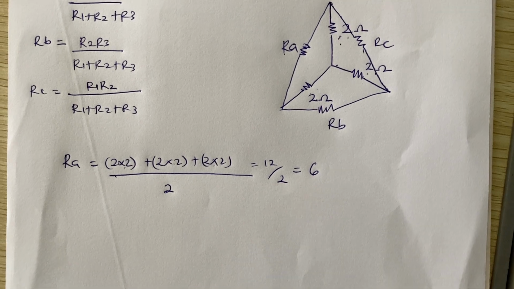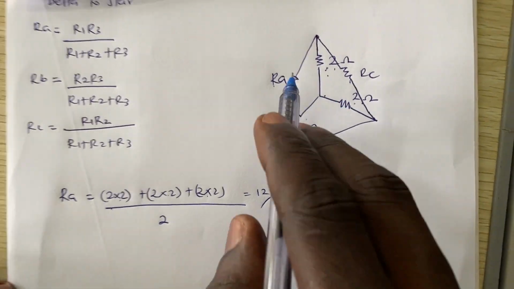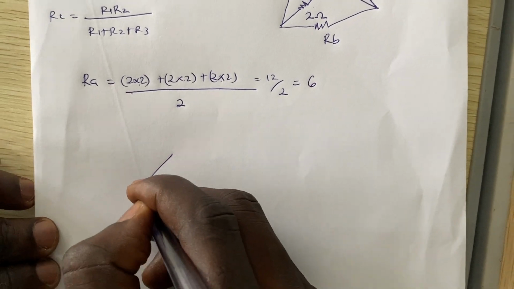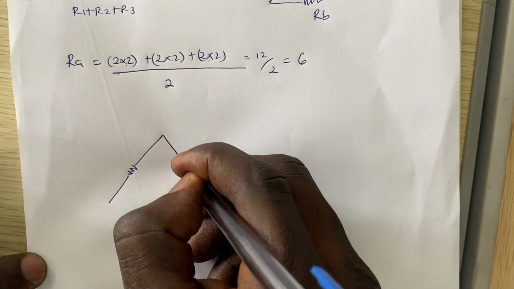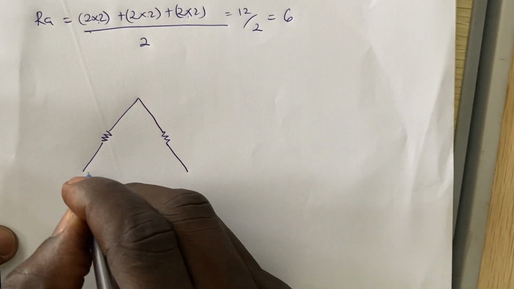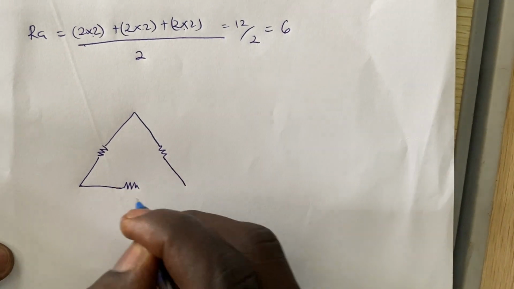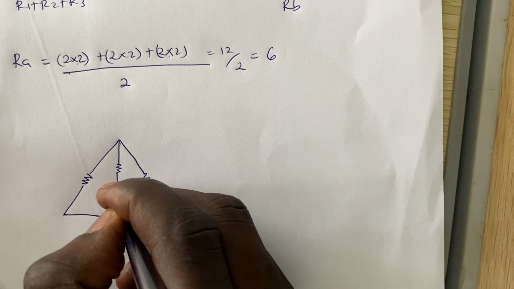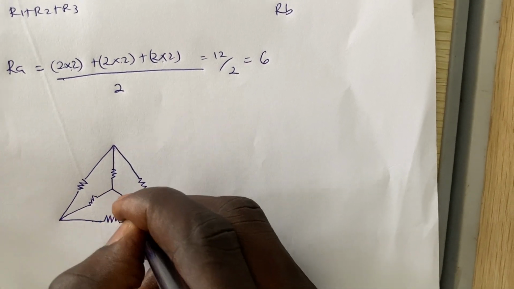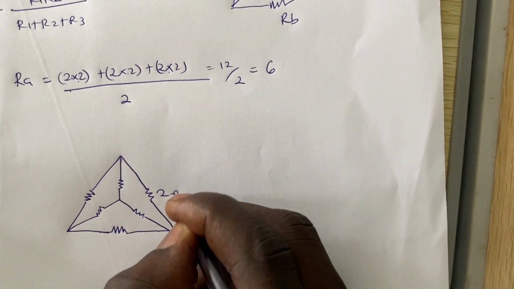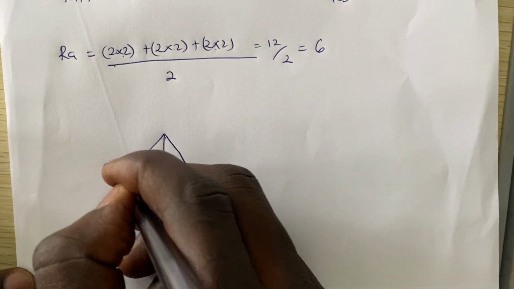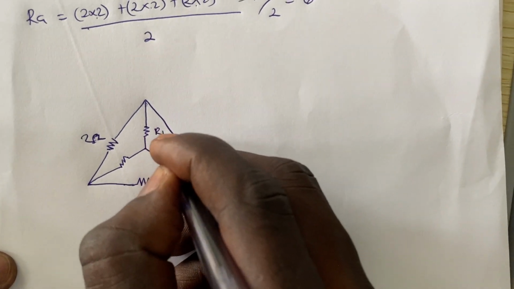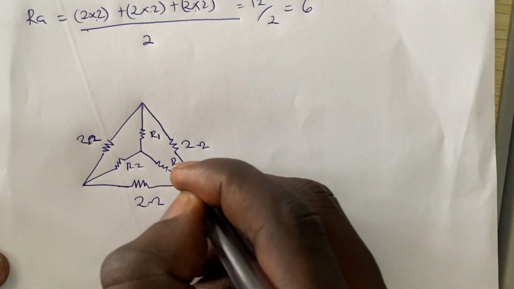So the same way, if we have to change from delta to star, say here is 2 ohms, here is 2 ohms, and here is 2 ohms. You have to change to this star, so say R1, R2, and then R3.